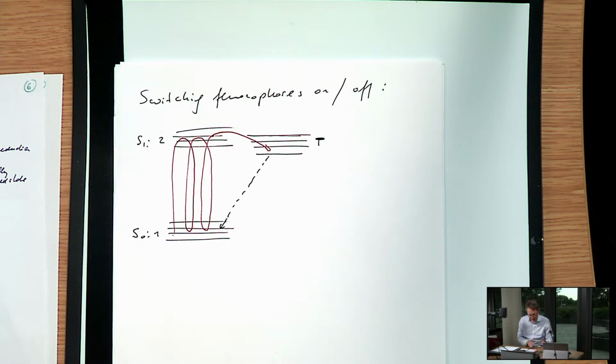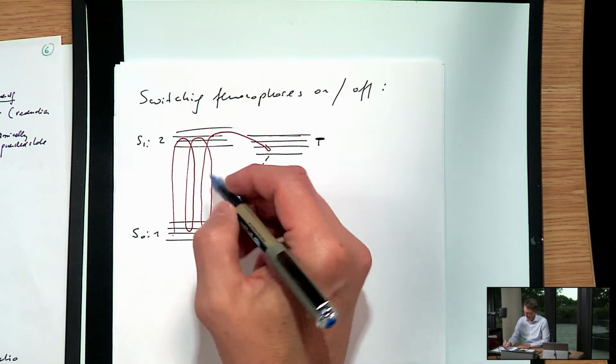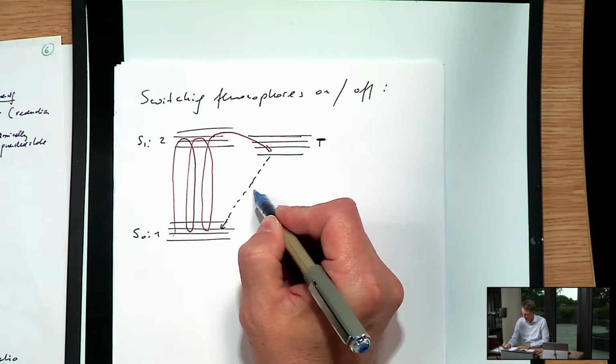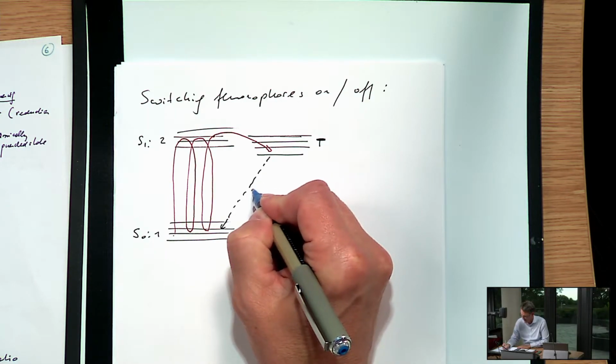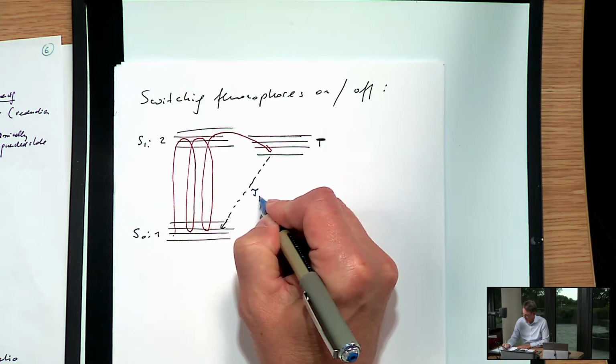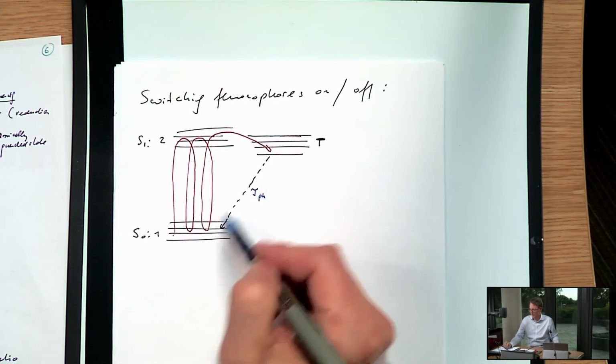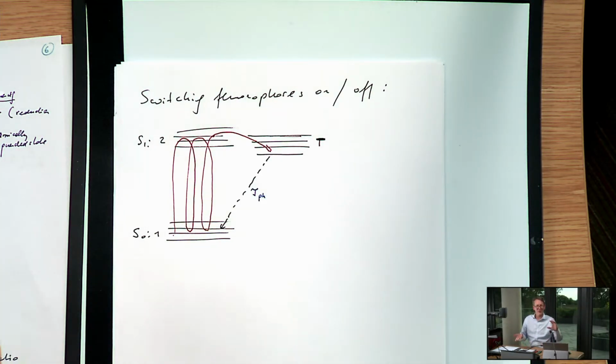And as a result of that, the lifetime of this is very, very large. In fact, this process here, the slow return, leads to a process that you all know, which is called phosphorescence. So phosphorescence is a transition from a triplet to a singlet. Because it's so unlikely, the photons come back very slowly.